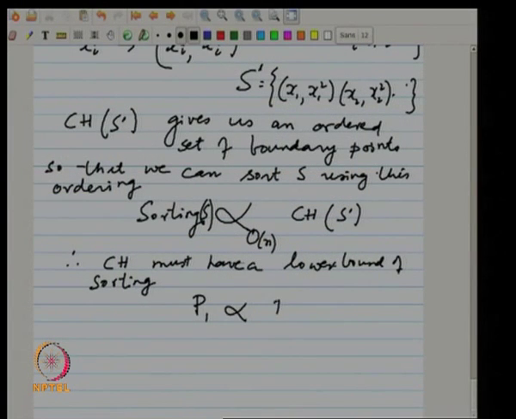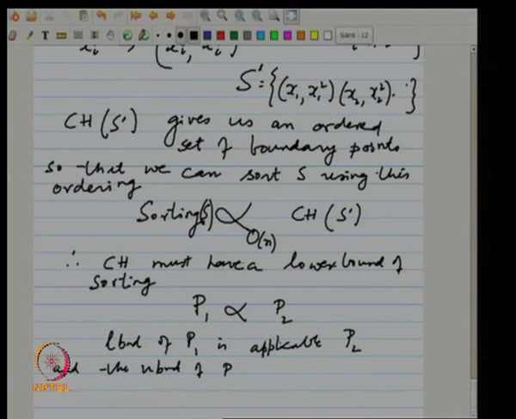So, whenever I can reduce problem P1 to P2, the lower bound of P1 is applicable to P2, and the upper bound of P2 is applicable to P1.